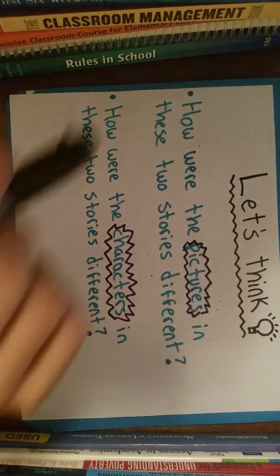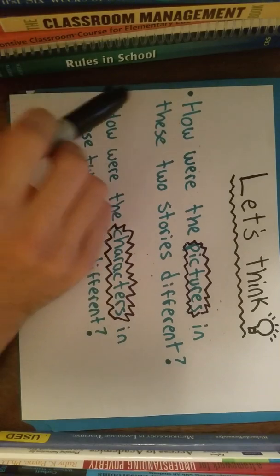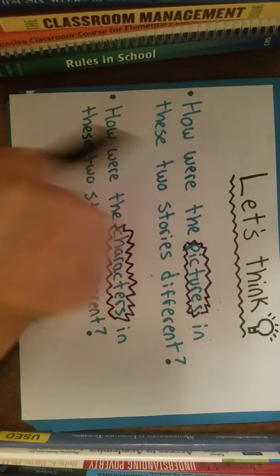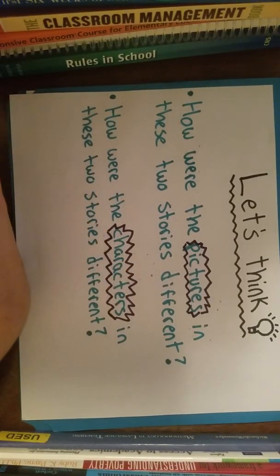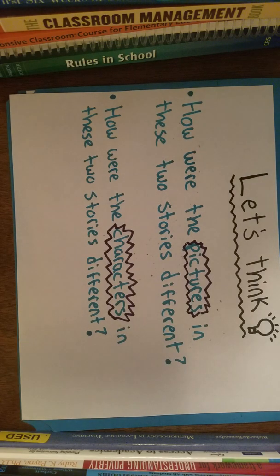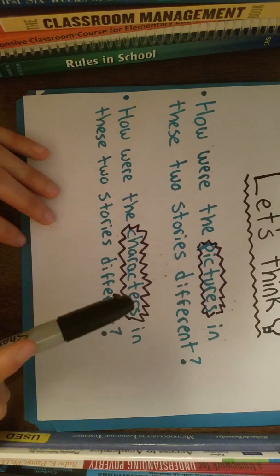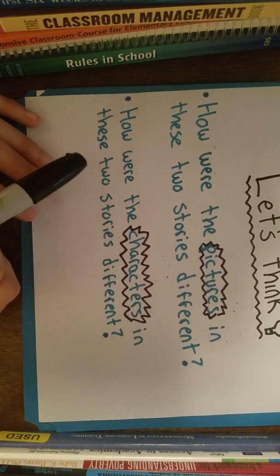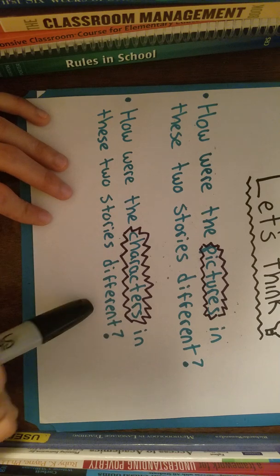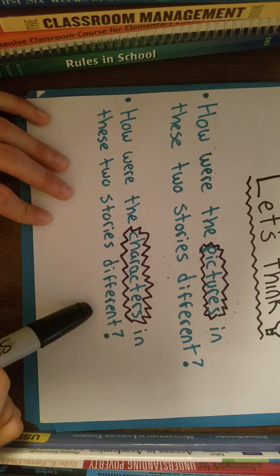Now, maybe for number 2 in each story, you want to talk about, let's ask this question. How are the pictures in these 2 stories different? Because the pictures or videos of the pandas and the pictures of Clark the Shark were different. So maybe for number 2 in each story, you can talk about the pictures. Another question to think about is, how were the characters in these 2 stories different?